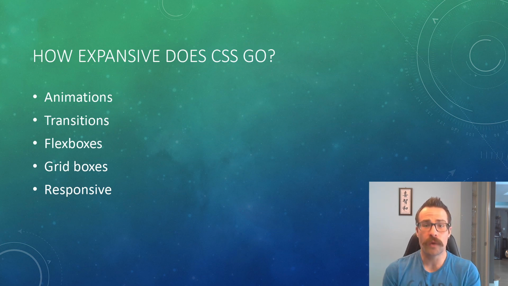Because if you design a web page for your screen, that might be fine and dandy until all of a sudden you try and load it up on a mobile device. The way to make your pages not only look good on one device, but on all of the devices, is through CSS. So CSS is extremely expansive, and I'll be honest, I have a lot of learning to do.